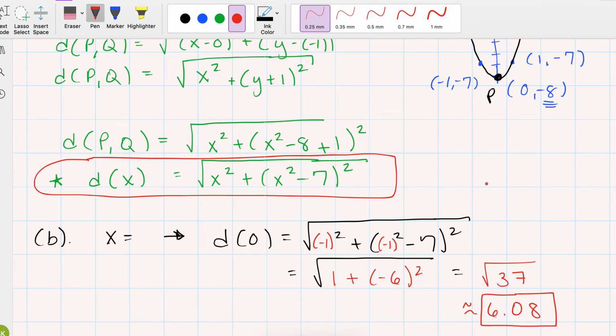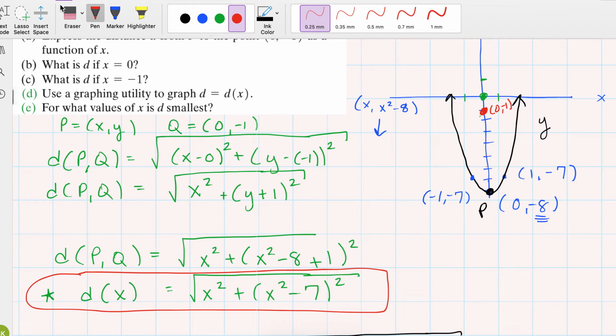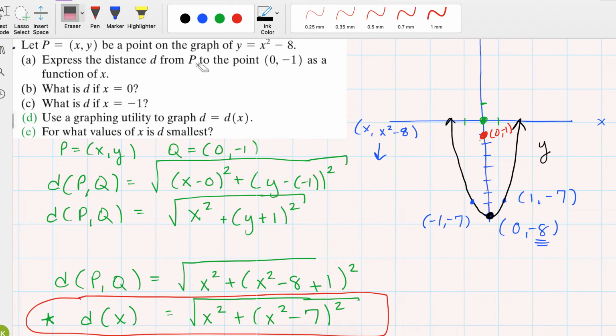Okay, let's see if that makes sense. Well, looking at this graph, where's my point P? We're letting the x value of the point P be -1. So when x is -1, right here, we get the value -7 for y. So -1 comma -7, right? So we're trying to measure the distance between this point and this point.